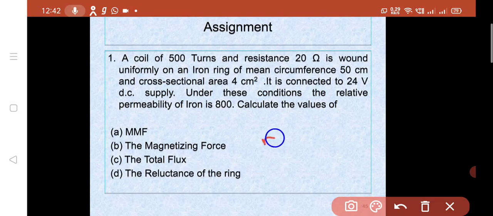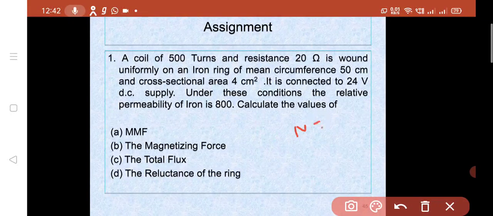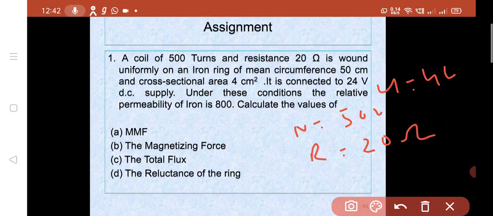So N is equal to 500, R is equal to 20 ohms, and A is equal to 4 centimeters square, which we can convert to 4 into 10 to the power of minus 4 meter square.